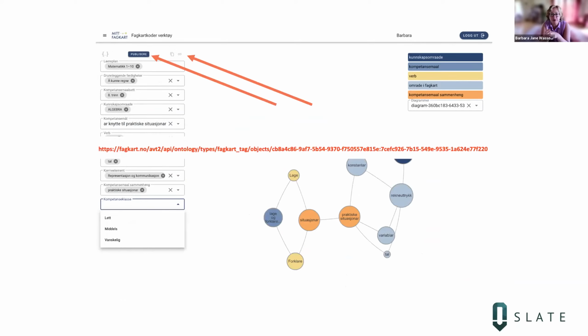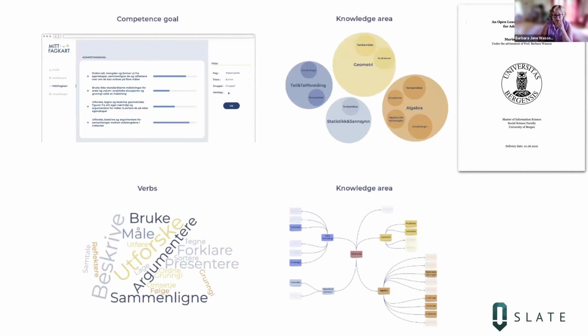We use this tagging tool that we've made for them, and then they can publish it, and they get a link to a set of JSON code that describes the tagging that they've done. And in the xAPI statement, they just embed this tag to us, and because we have a database of these tags, we can get the detailed information.